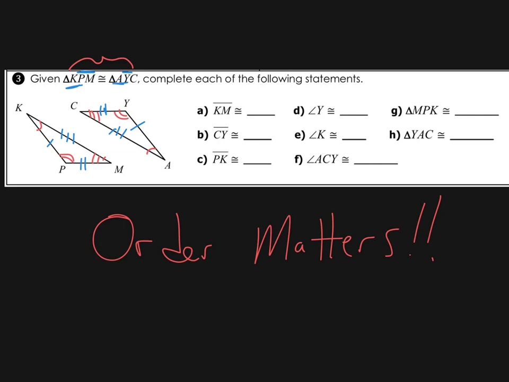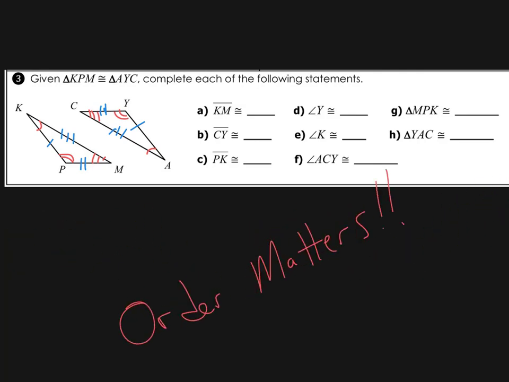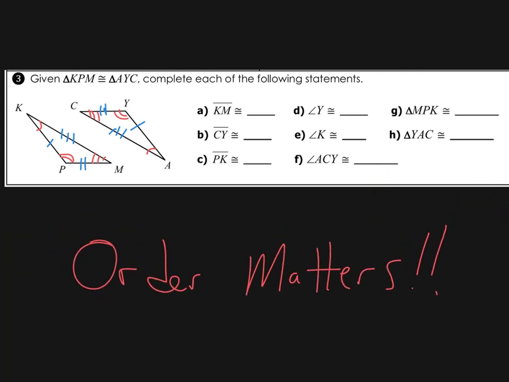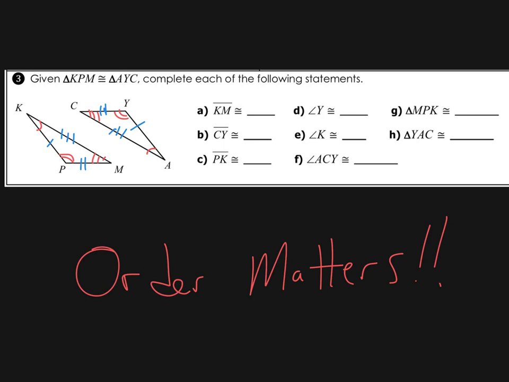So now, that's a nice visual representation of what's going on. But I just hold on to the fact that, again, order matters. It's an important concept that order matters. The order of my statement up here is really what's going to help me answer all of these questions.